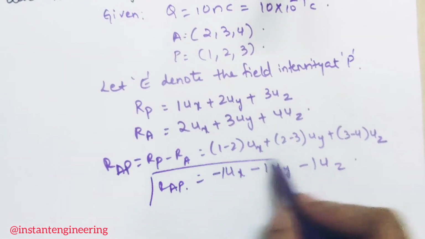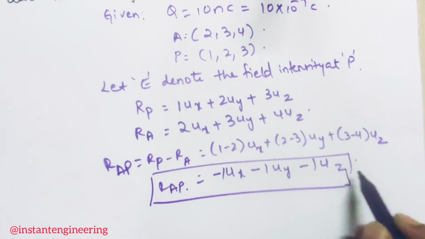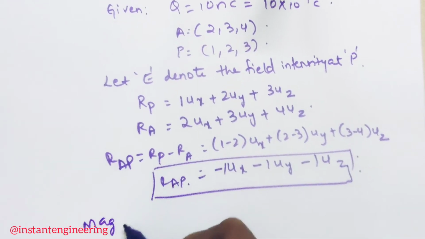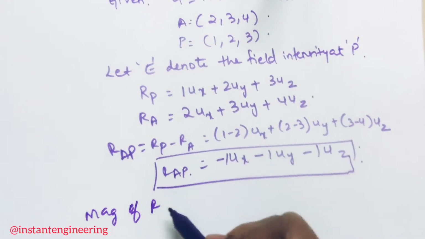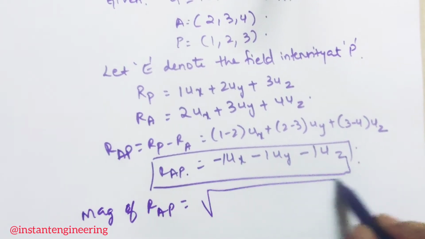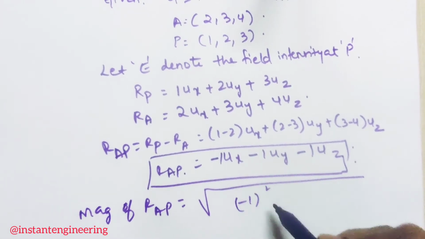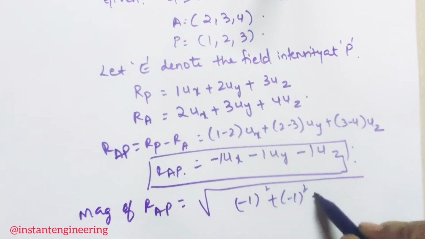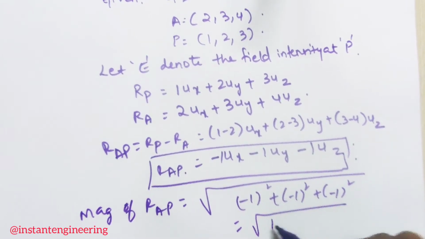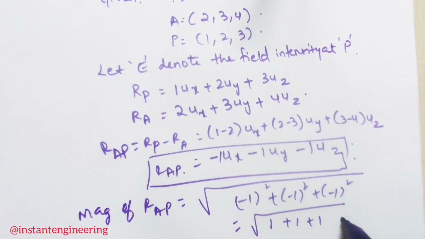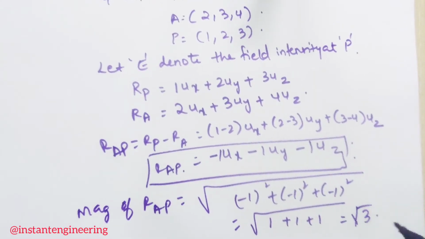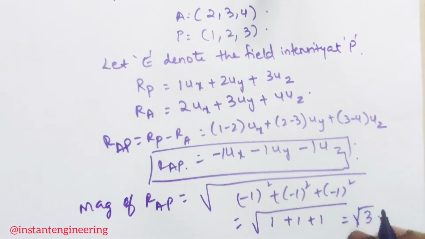Next, to find the magnitude of RAP, that is square root of minus 1 square plus minus 1 square plus minus 1 square. That is nothing but square root of 1 plus 1 plus 1, that is root 3. This is our RAP magnitude.